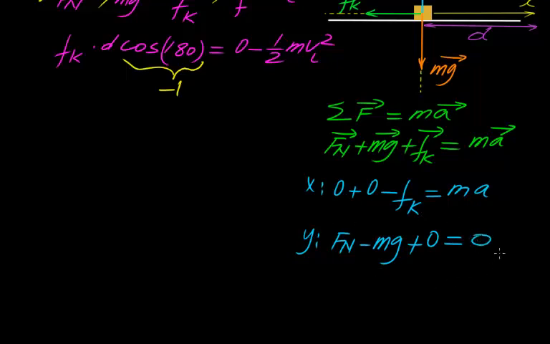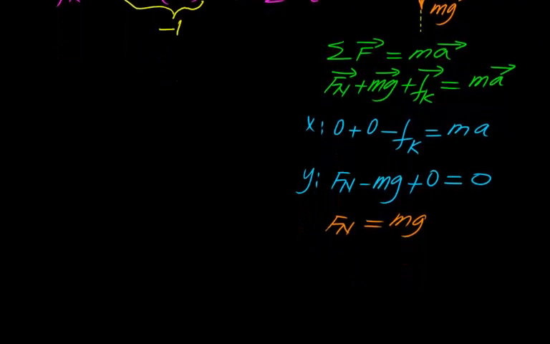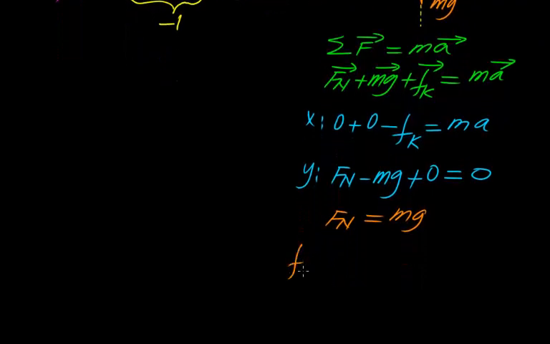From the y component, we can extract the normal force to equal mg, and from there we can evaluate the kinetic friction force, which equals mu k times Fn. Substitute the Fn by mg, you obtain Fk equal to mu k times mg.